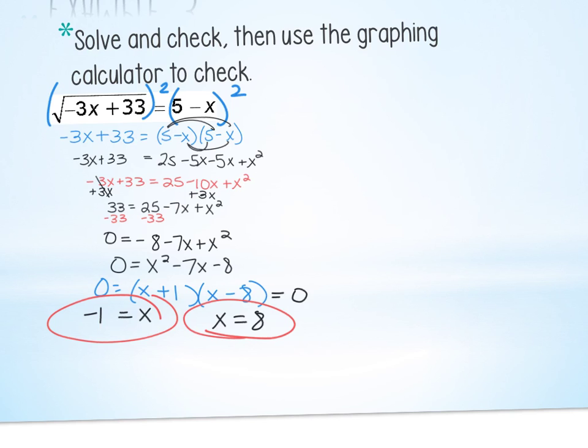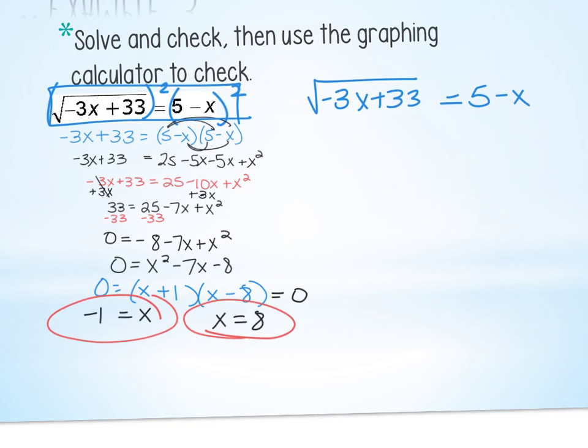But when I take these numbers and I plug them back in, so I'm plugging them back in all the way at the beginning, the square root of negative 3x plus 33 equals 5 minus x. And I want to take first the negative 1 and plug it wherever there's an x.